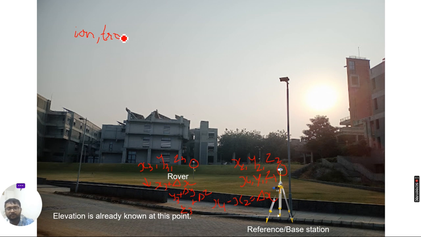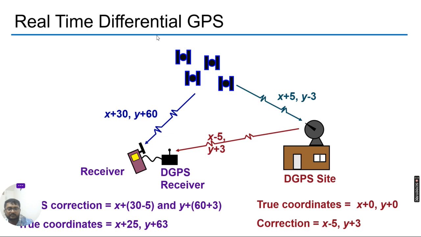So we can correct the errors because of the ionosphere, troposphere, and the orbital parameters of the satellite. Those kinds of errors only we can correct here. So those errors we can remove here.